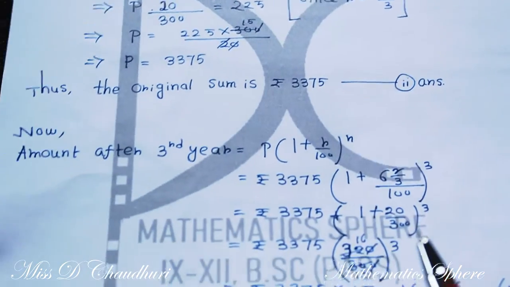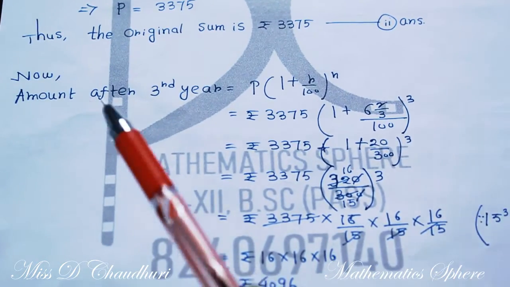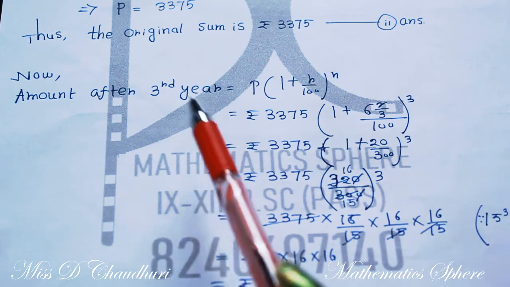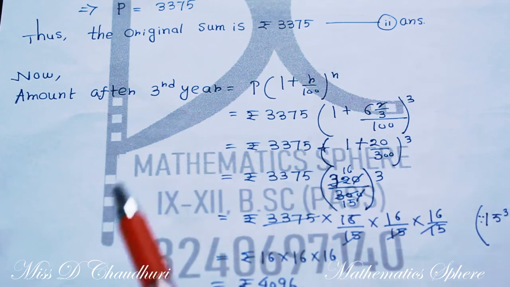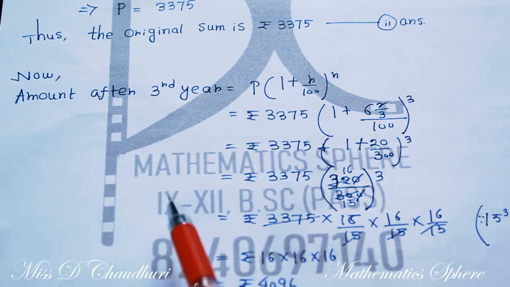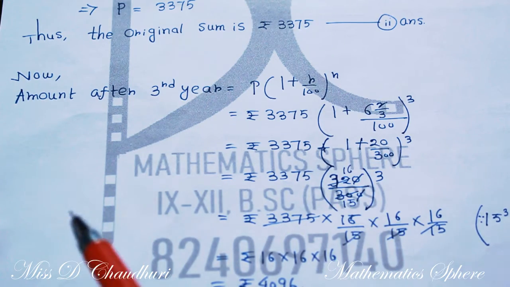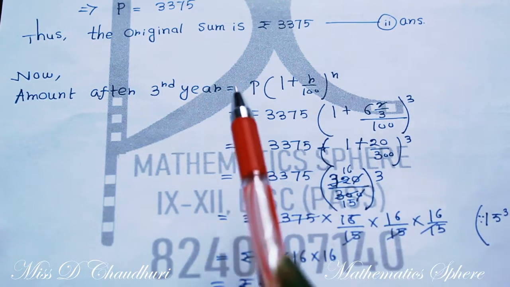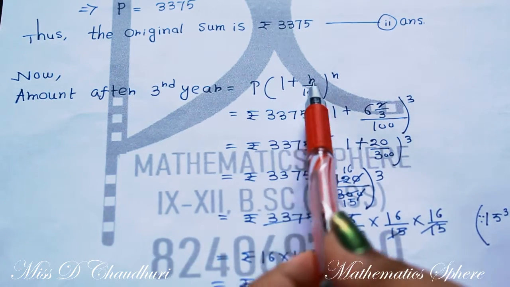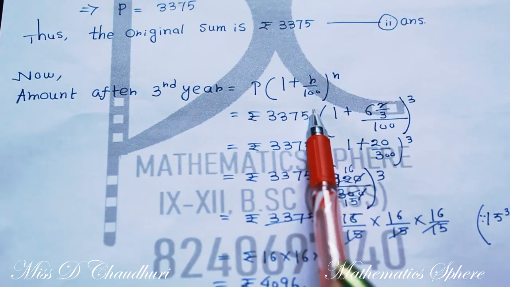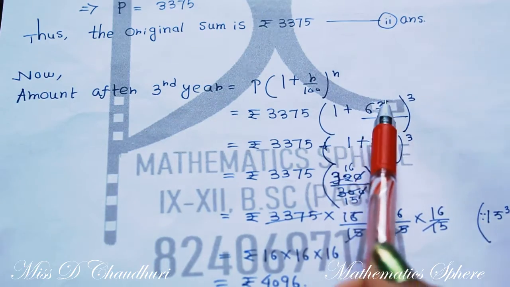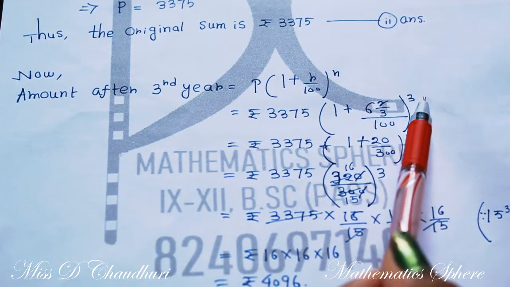Now you see the third part, they asked us for the third year's amount. You do not have to think about the second year or third year. You have got the principal, you have got the rate, everything, so you just put it in the direct formula. We know amount equals p into 1 plus r by 100 whole to the power n. So you put the value of p, and 1 plus r, that is 1 plus 20 by 3 by 100, whole to the power 3.